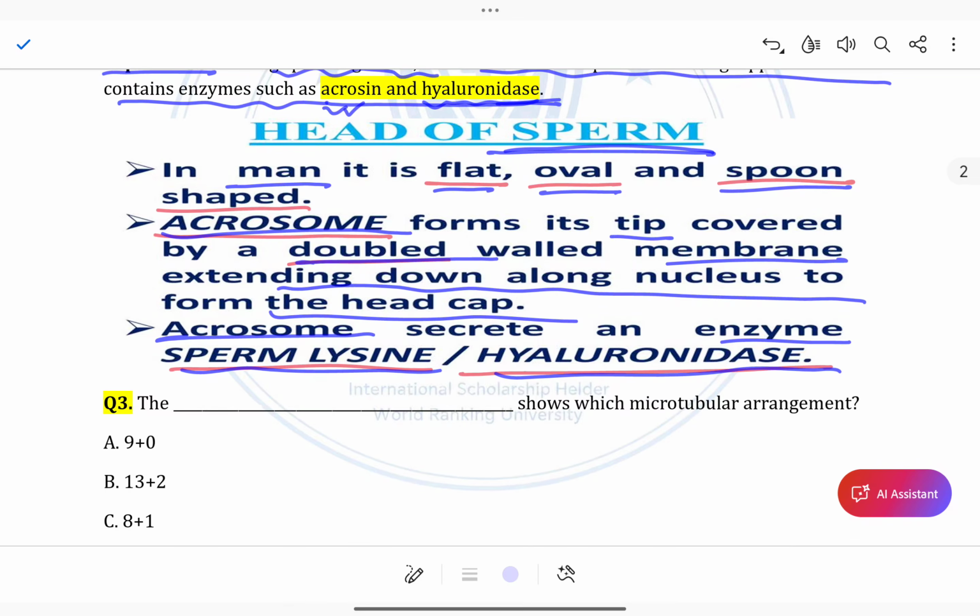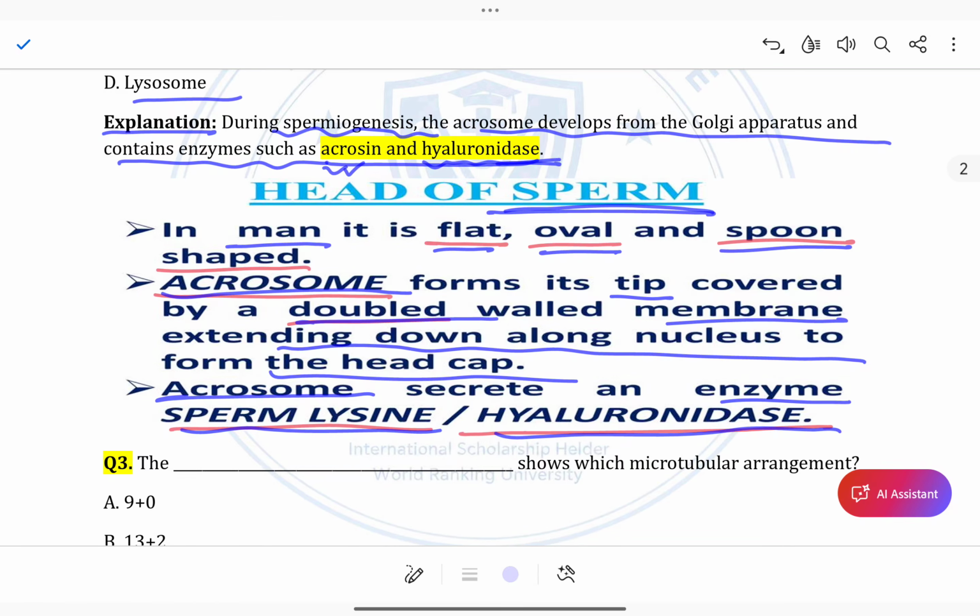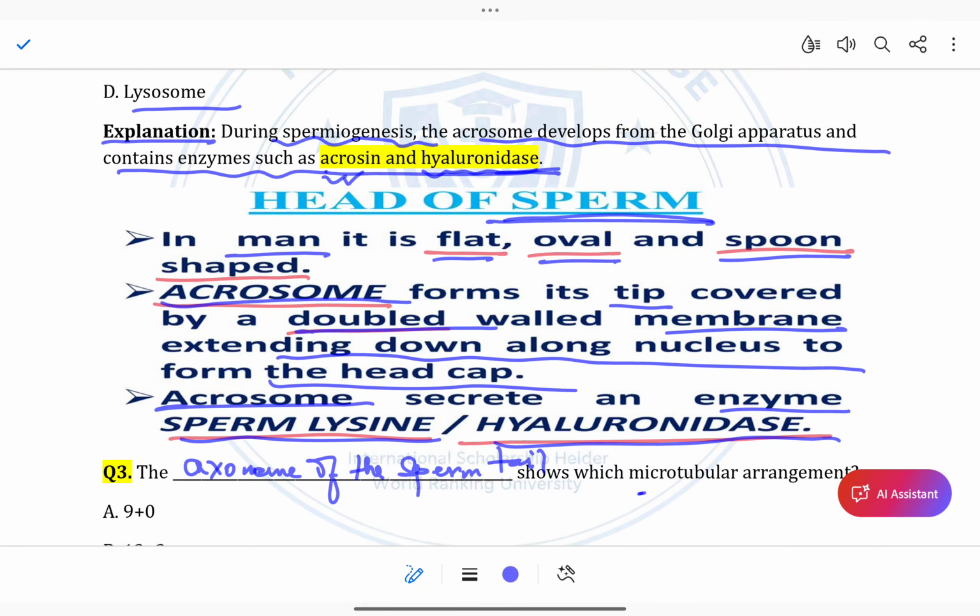Come to the next question. The axoneme of the sperm tail shows which microtubular arrangement?